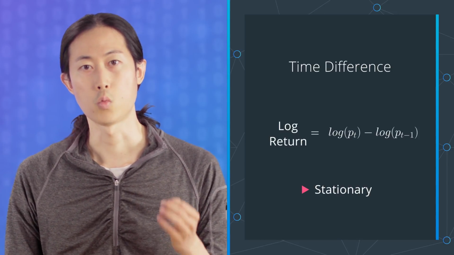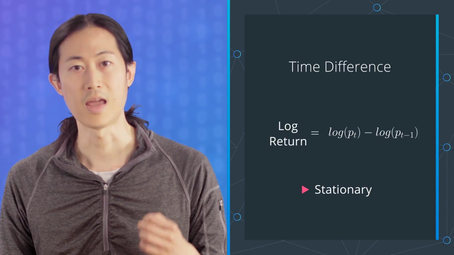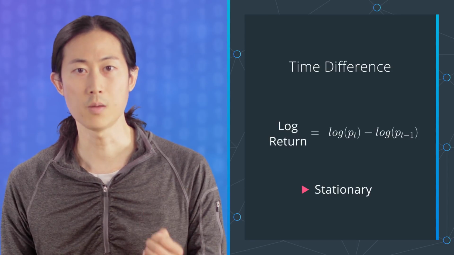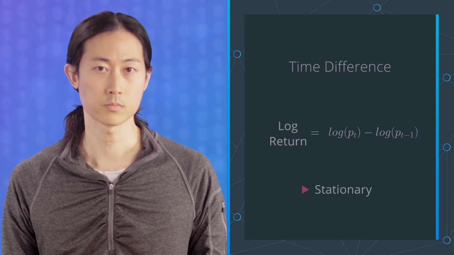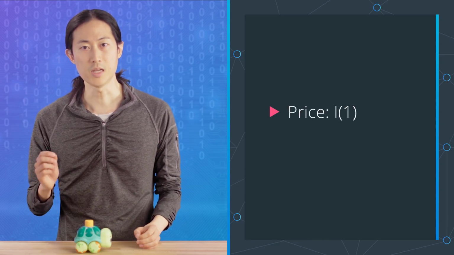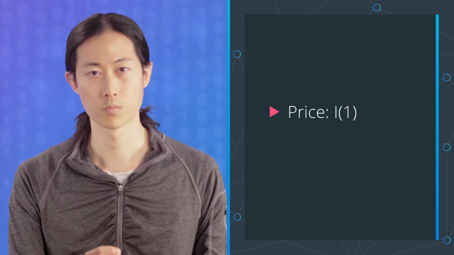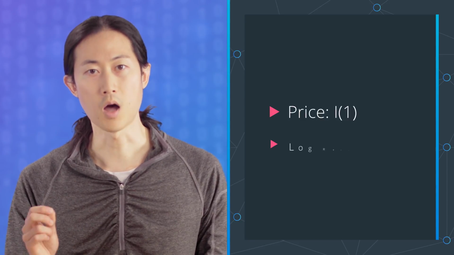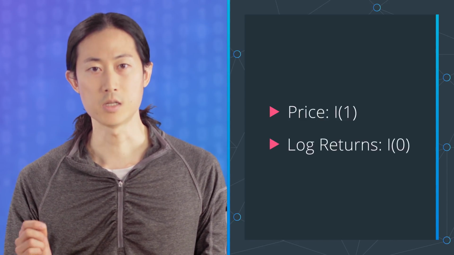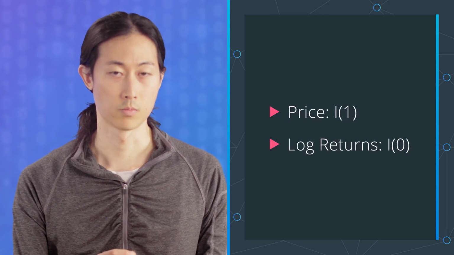In other words, we like working with returns and not prices because the time series are more stable. In math terms, we say that the original price data is integrated of order 1. We also say that the log returns of this data is integrated of order 0.